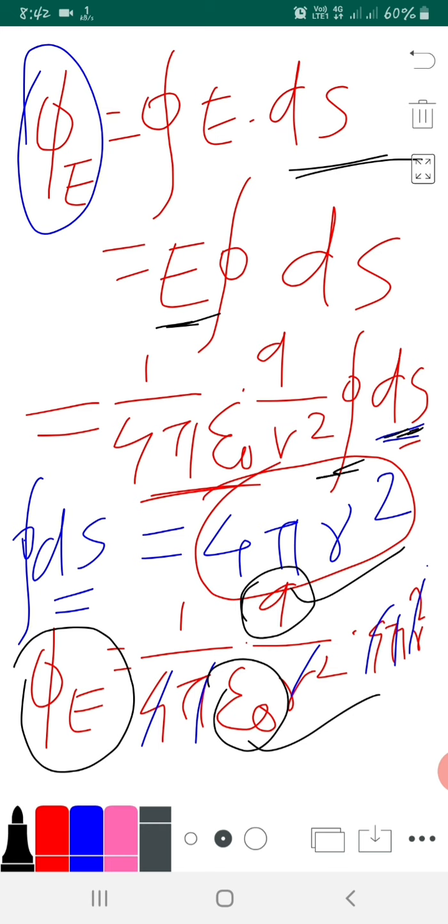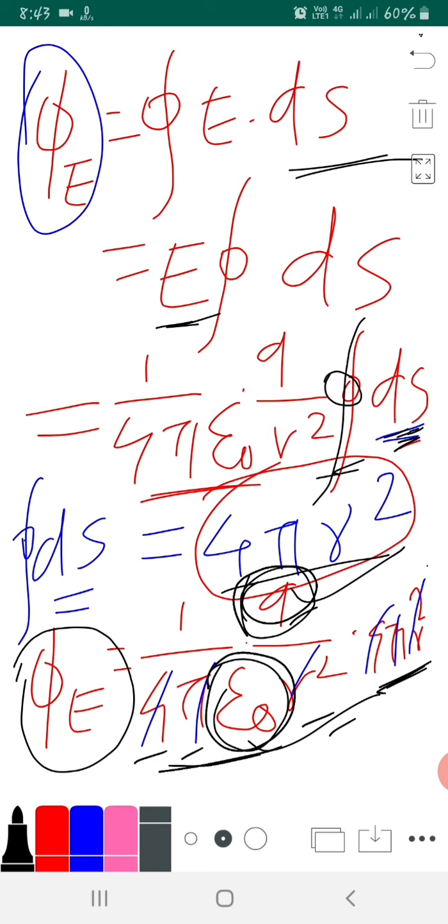But ds is the surface area, and its integration is the total surface area, so the total area of this sphere is 4 pi r square. Using this in the equation, phi is equal to 1 upon 4 pi epsilon naught q upon r square times 4 pi r square. So 4, pi and r square get cancelled, and the remaining terms are only q divided by epsilon naught, and this is our proof.